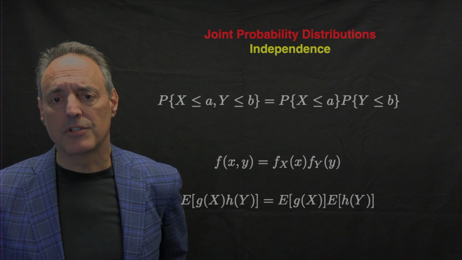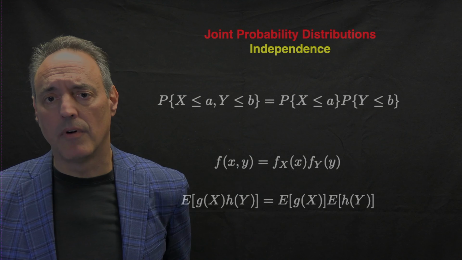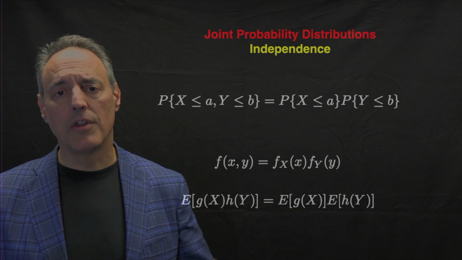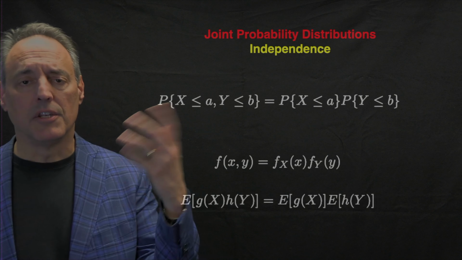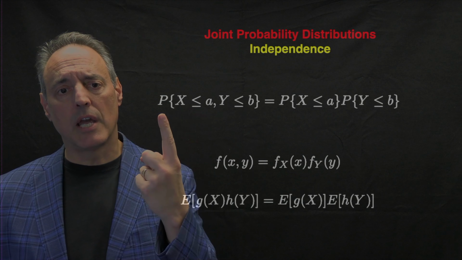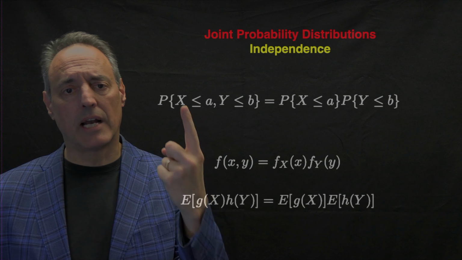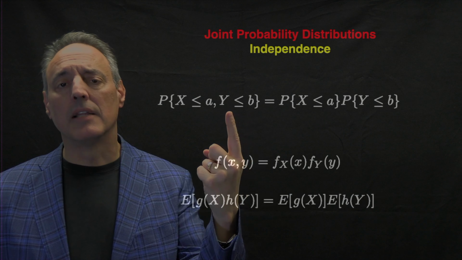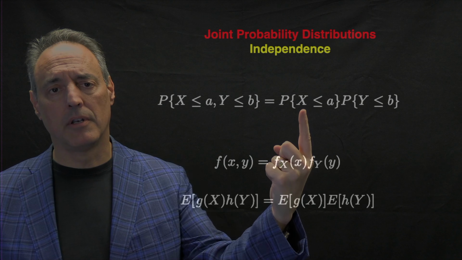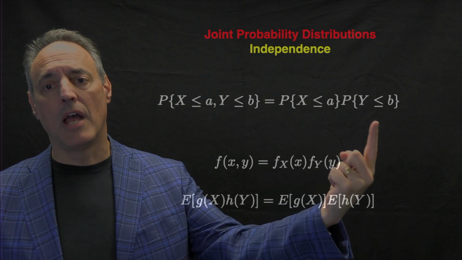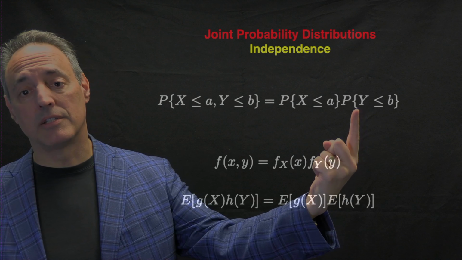And this really brings us to some important concepts as well, of independence. Specifically, are these two random variables, x and y, independent? The definition of independence is that if I have a probability for x less than a and y less than b, this is equivalent to the product of the probability of x less than a times the probability of y less than b.